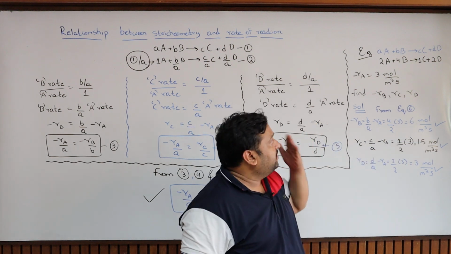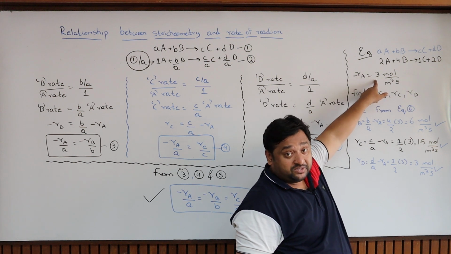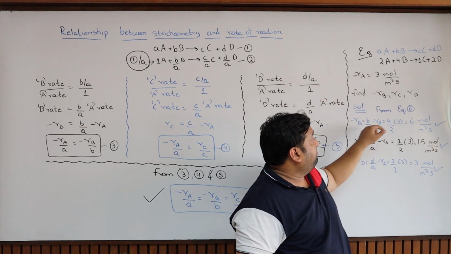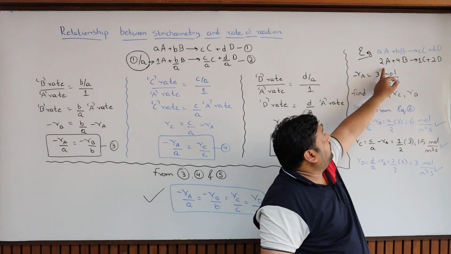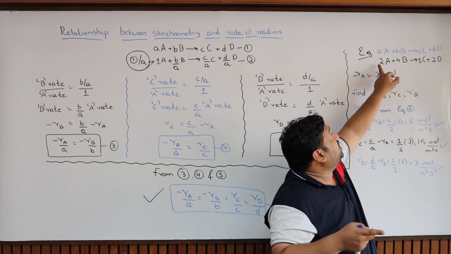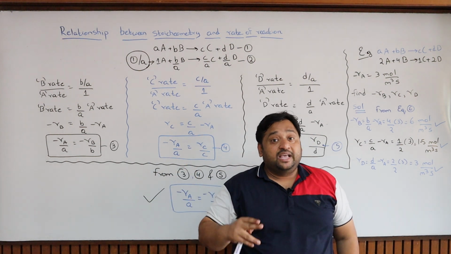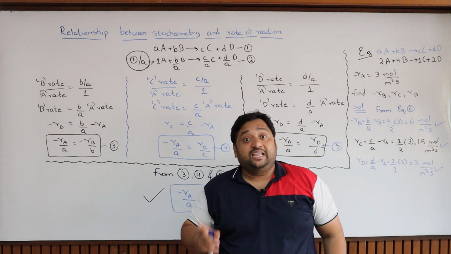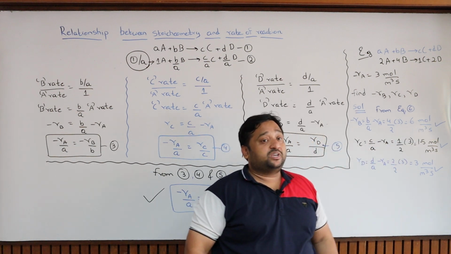Here you observe, the rate of reaction of A is 3 but the rate of reaction of B is 6, because 2 moles of A is giving 4 moles of B. That means the speed of B is double the speed of A. That is why you get 6 mole per meter cube per second.